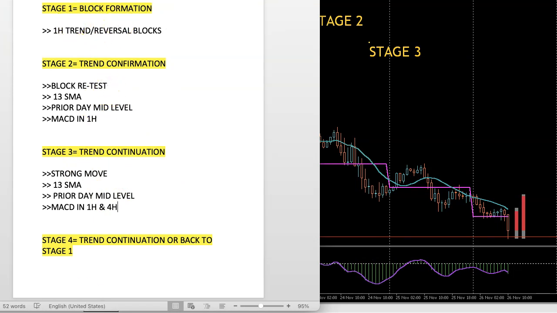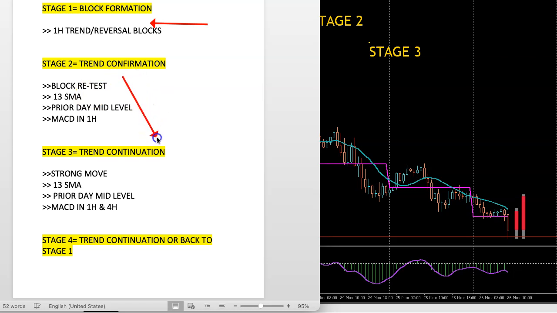So again, we can have different variations because unfortunately the market does not give us the same stages all the time. So that's something that you have to understand. Sometimes we get stage 1, but we might not get stage 2. It jumps sometimes straight to stage 3, meaning that on stage 1 it moves so strong that it didn't get a block retest, right?